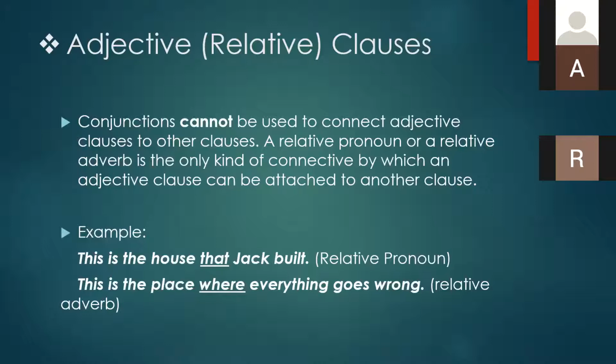So for example, this is the house that Jack built. So that is the relative pronoun used here. It's acting as a connective. Second sentence, this is the place where everything goes wrong. So here, where is the connective used, which is a relative adverb.